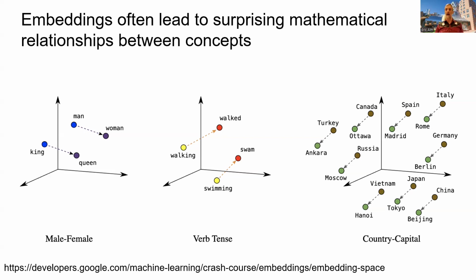And they have these interesting relationships. Or, I can look at the countries versus their capitals. And there's this offset vector that lets you get from the country to the capital of that country.